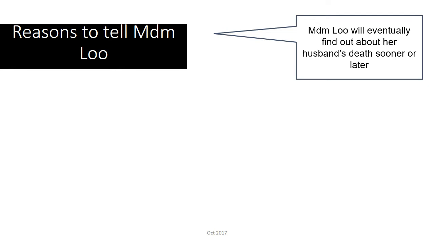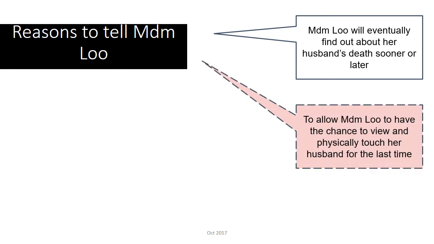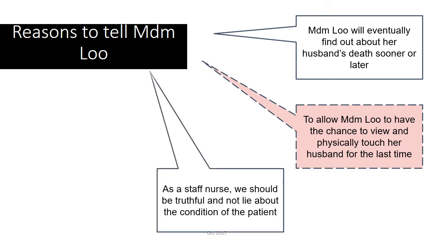If we tell Madam Lu, she will eventually find out, so we should tell her. It also gives Madam Lu the opportunity to have quality time with her husband for the last time. As a staff nurse, we need to be truthful.